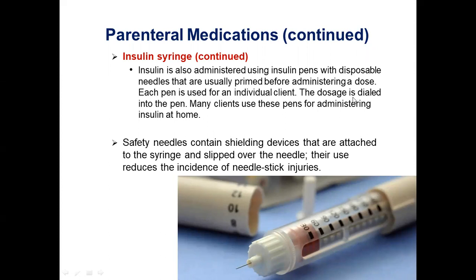The dose is dialed into the pen, and many clients use this pen for administering insulin at home. For safety precautions, we should follow the needle-containing device that is attached to the pen and also slipped over the needle, and their use reduces the incidence of needle stick injuries.